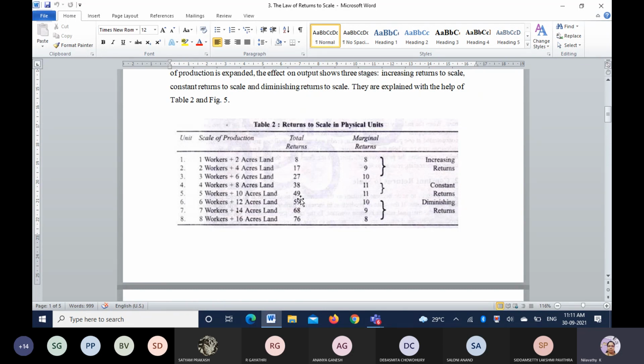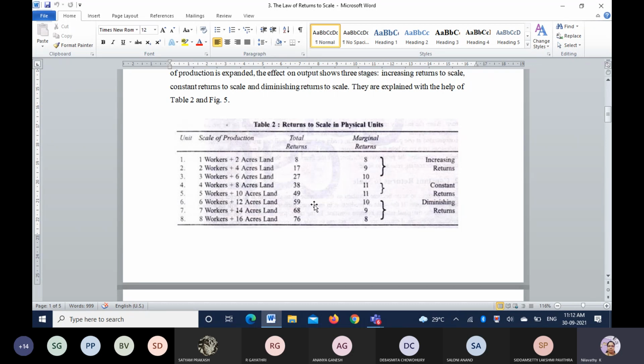But the total returns will be increasing only. Why? Because the inputs that we are using are also increasing. We are not using the same labor and the same land; the inputs are variable and increased. So automatically the returns will be increasing only.